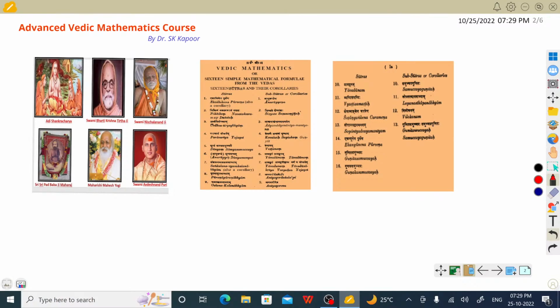The Vedic mathematics domain is the domain of Vedic Ganita Sutras. These are 16. Here is the text of 16 Ganita Sutras, and these are complemented and supplemented by 13 Upsutras.